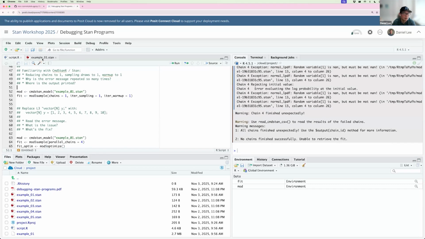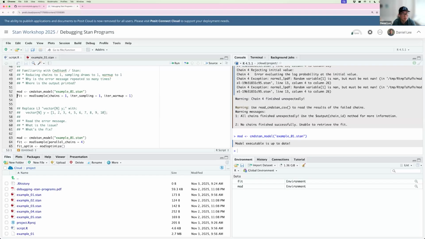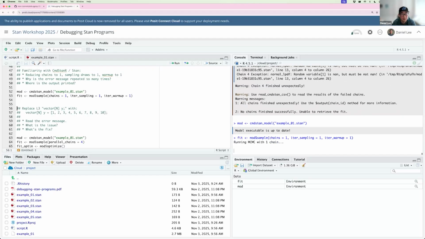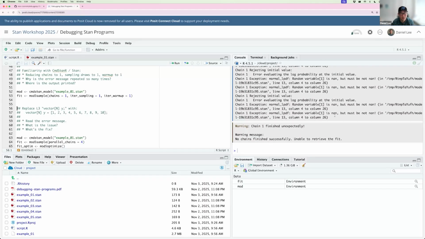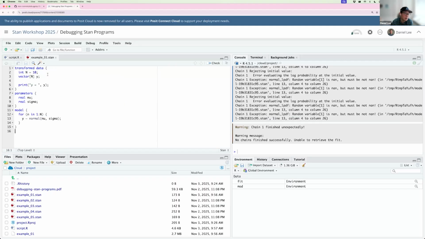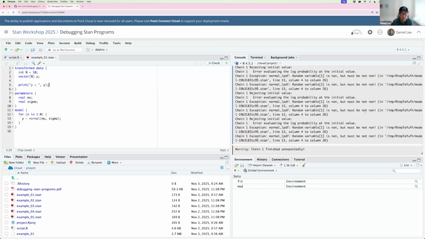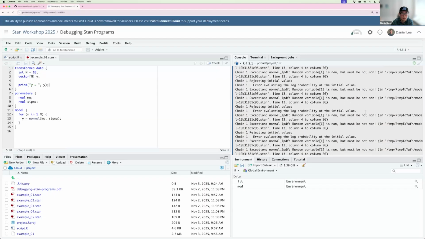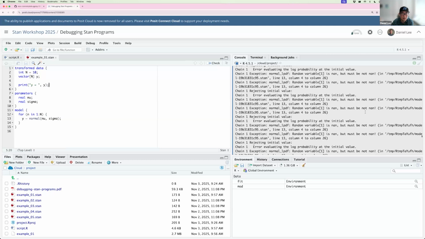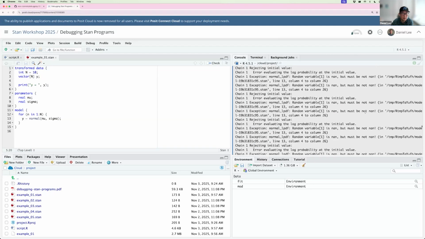All right, so run it again. We get a lot of output. So what we're going to do here, I'm going to run it with 1 chain, 1 sampling iteration, and 1 warm-up iteration. I'm not really interested in finding out what's happening other than trapping this error. I put in this print statement. Anyone have a guess as to why I don't see it here until I get all the way up?